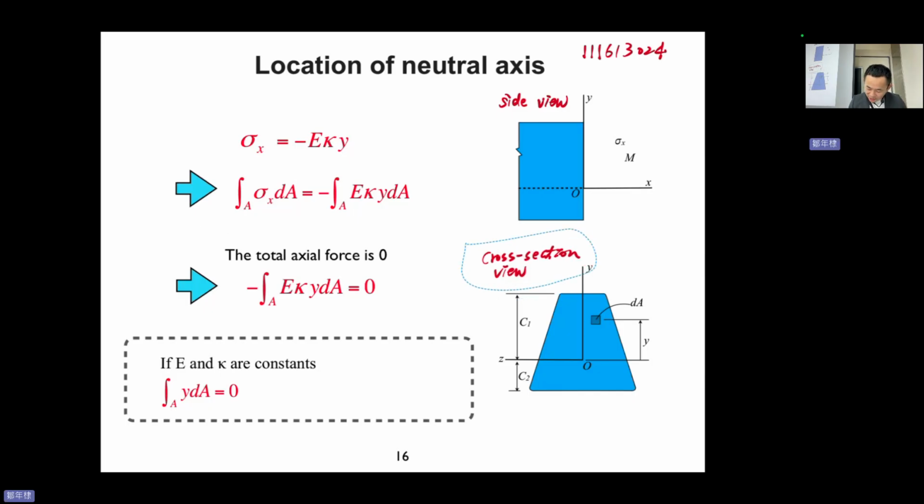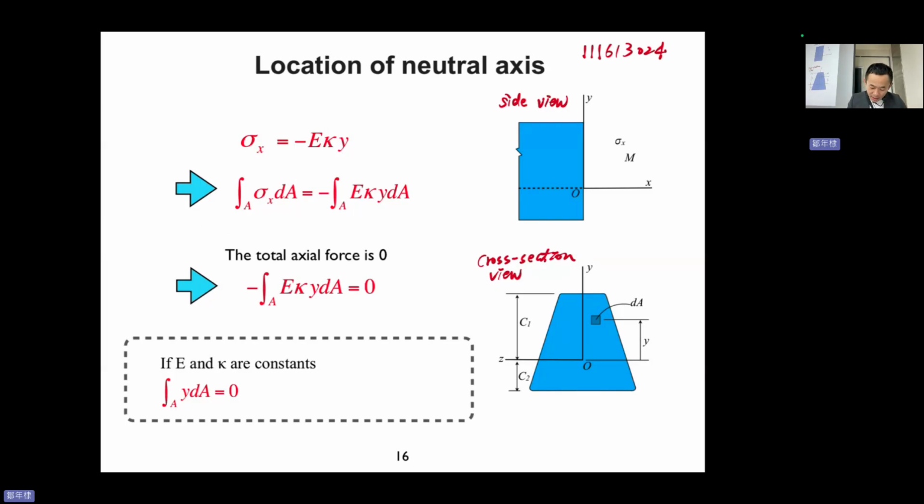Well, this is relatively easy in this case because you never see a bar that looks like a trapezoid shape. So you know this is cross-section view. But sometimes you will see a cross-section like this, a rectangle. So you will see these two are very similar. So you need to identify this by the axis rather than the shape. All right. This is quite important.